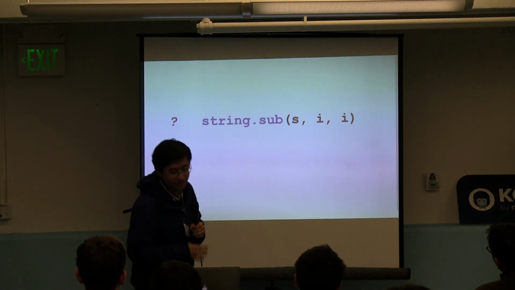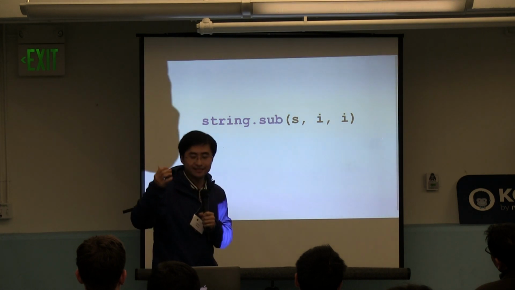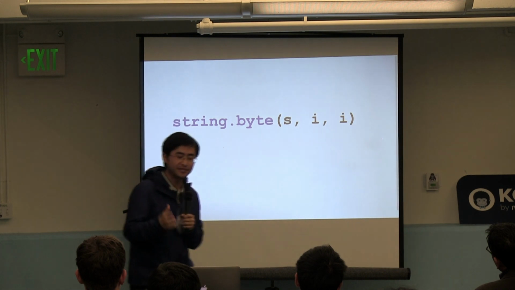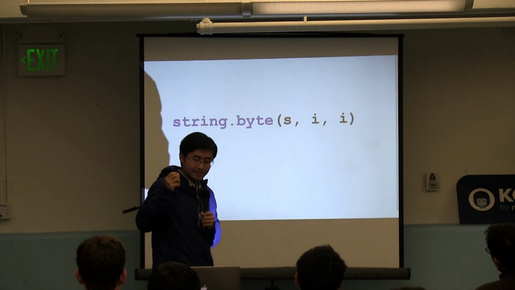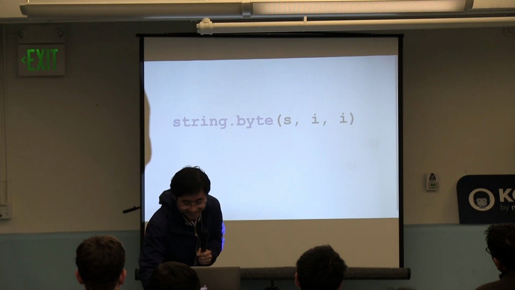And we shouldn't use string.sub to create too many substrings because Lua strings are garbage-collectible objects, right? We should use string.byte to inspect a single character, so that this function returns a number, not a GC object to be collected.